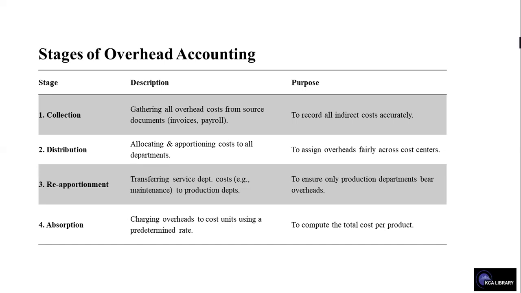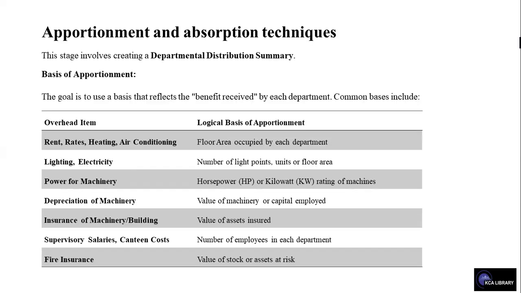The purpose is to ensure that only the production department bears the overhead. And lastly, the absorption, where we charge overhead to cost units using a predetermined rate. The purpose is to compute the total cost per product.